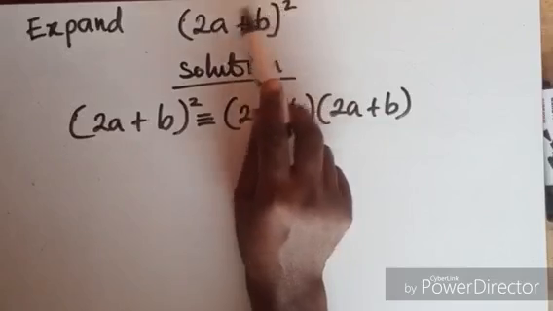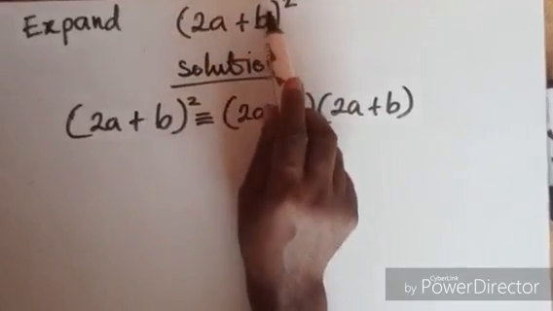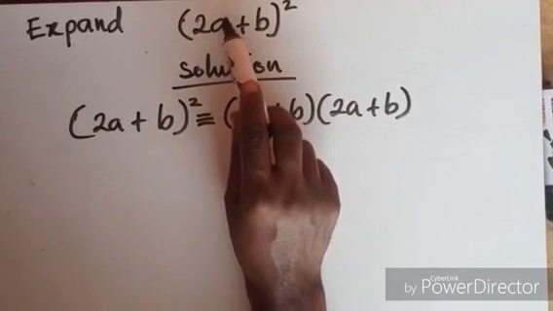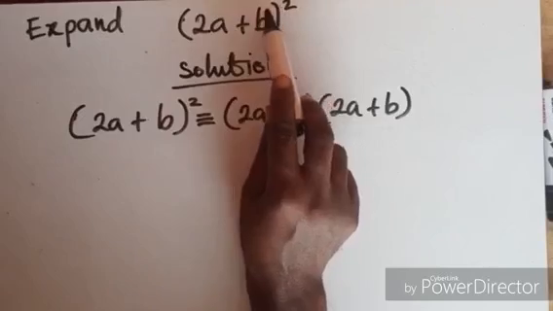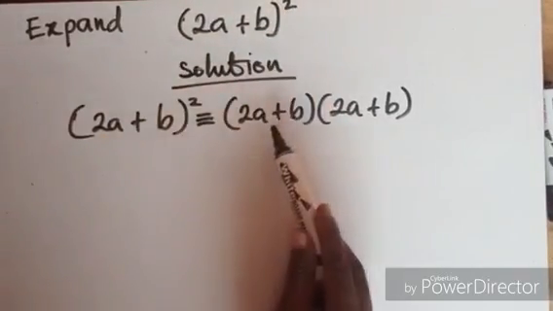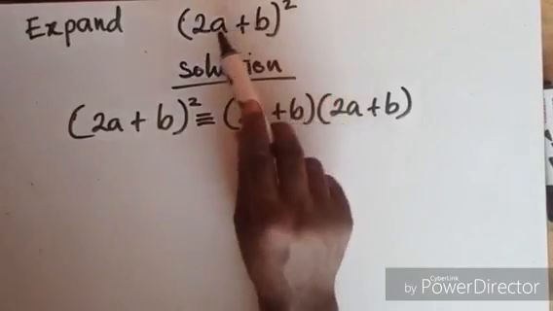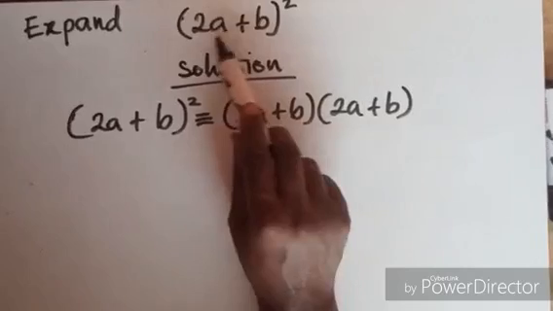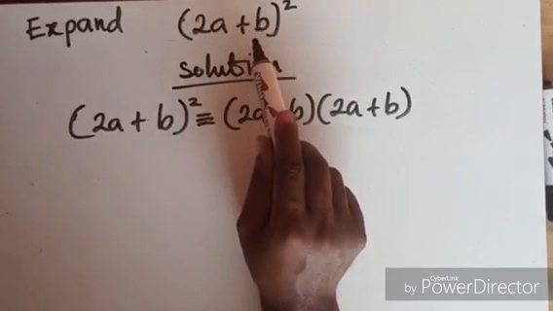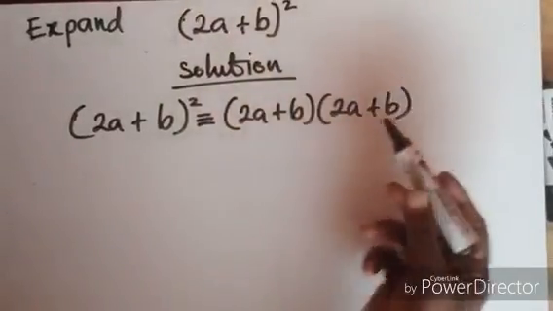Always bear in mind the figures in the bracket must not be to any higher power apart from 1. Then when you see such and it is raised to the power 2, it is a perfect square. The binomials in the bracket have the same factors, so we have to expand this.